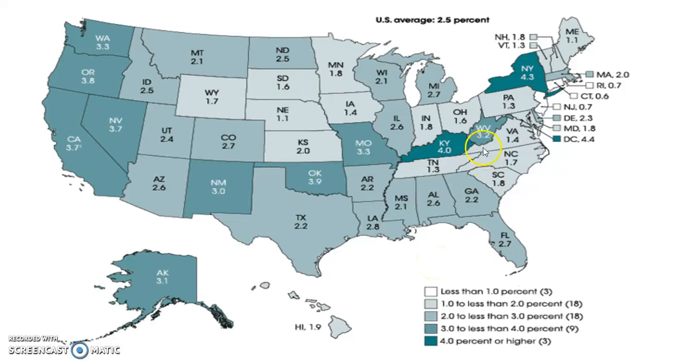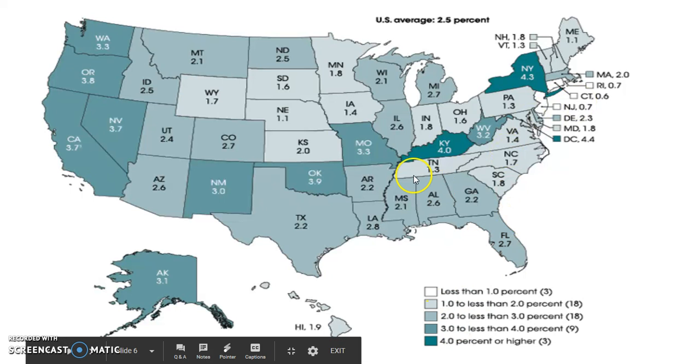And then on this graph, you can see the variation of percentages of homeless students across the United States. I found it interesting that there are very few places where it's less than 1%, and it's only 3 states: Rhode Island, Connecticut, and New Jersey.